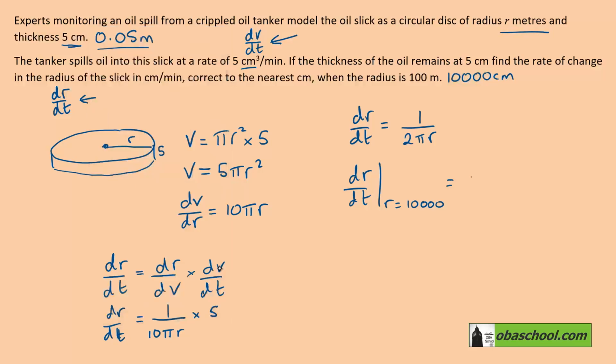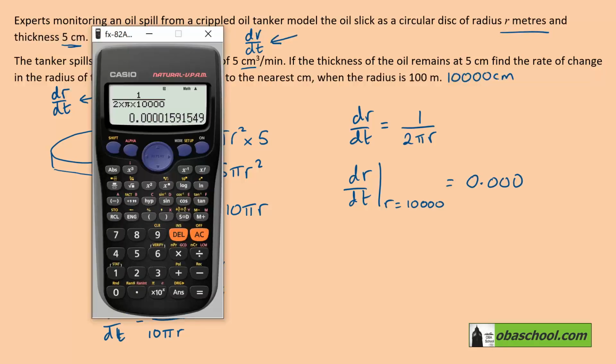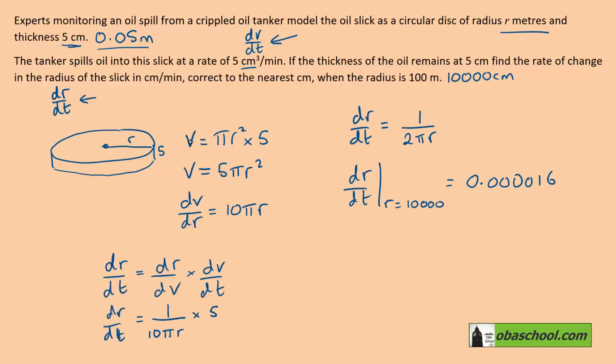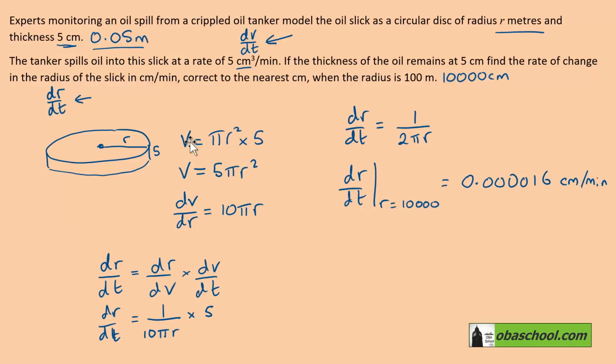And that gives me 0.000016, that would be 4 zeros then 16, and that would be centimeters per minute. And that is correct to 6 decimal places.